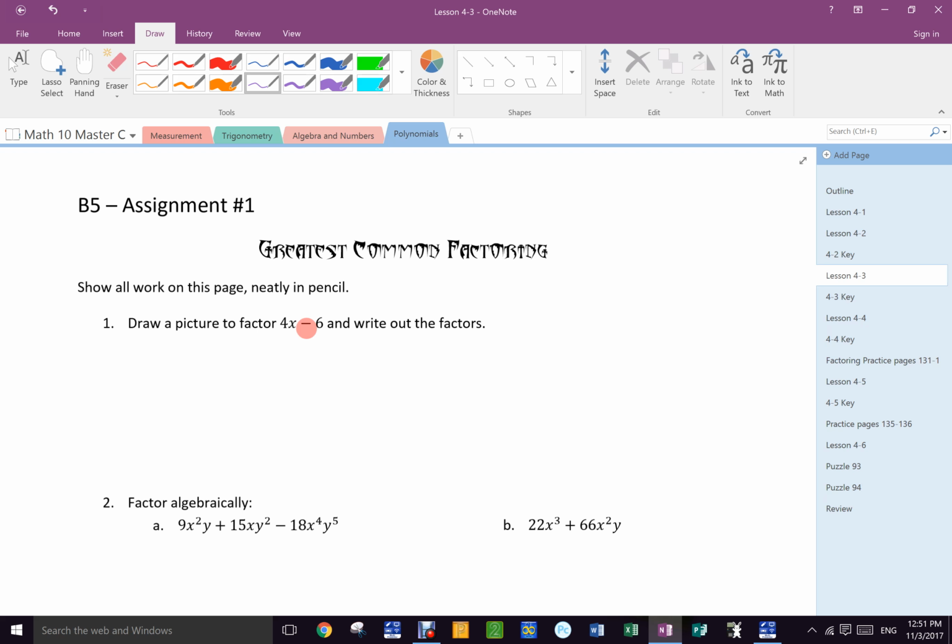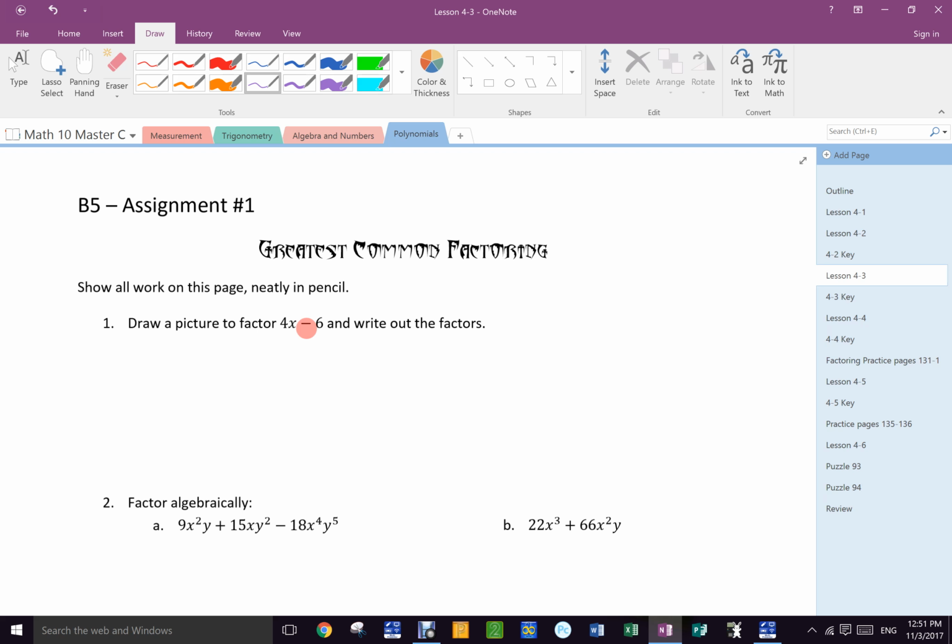Mr. Myers, I wanted to ask you something. I got the part where we had to find the greatest common factor, but I just didn't understand the part where we decide which letters we're going to be using. Okay. It's the same thing. For example, do it with this.